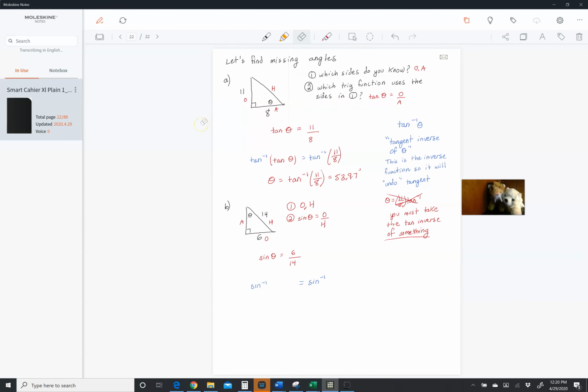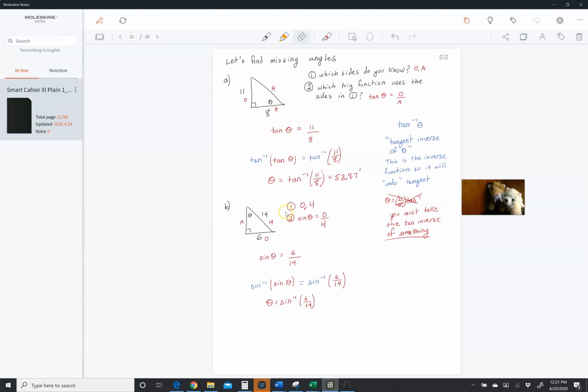On the left, we're taking the sine inverse of sine of theta. And on the right, we're taking sine inverse of 6 over 14. So here's what that means. That means that theta is equal to sine inverse of 6 over 14.